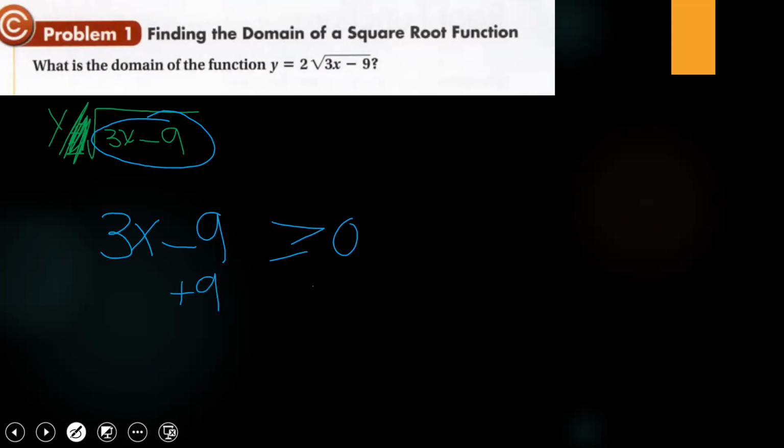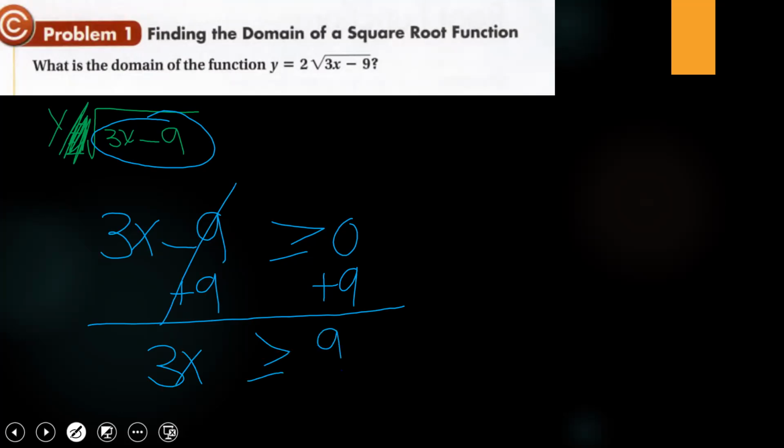What do I have to do first? Plus 9 on both sides. After that we have 3x greater than or equal to 9. Then divide by 3. I want it as x, because when I talk about the domain I'm talking about x, not 3x.